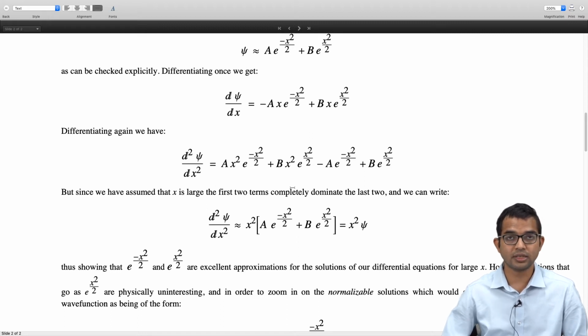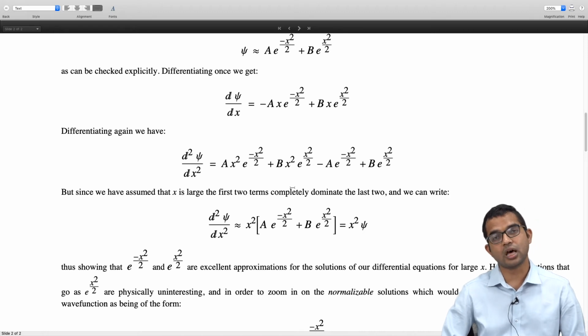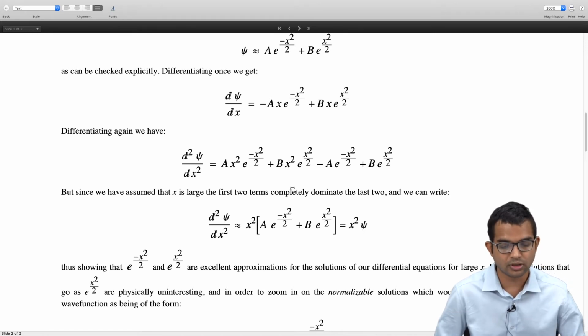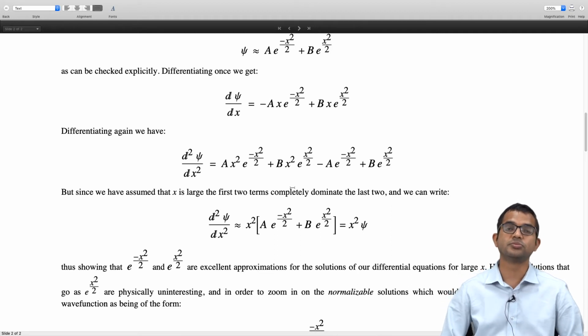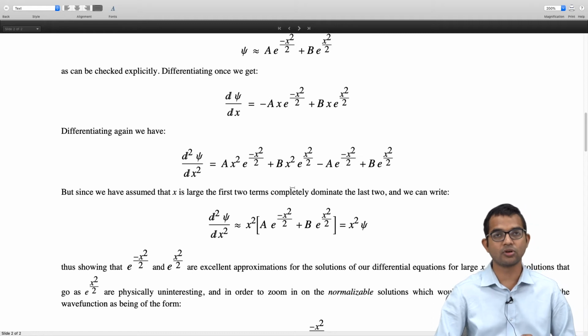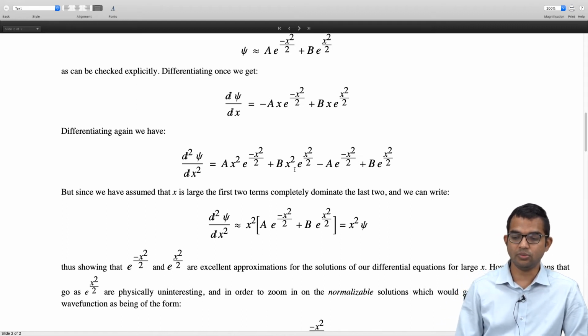Since we are interested in wave functions, eigenfunctions for the harmonic oscillator problem, for it to have physical meaning, we know from quantum mechanics that these eigenfunctions must be normalizable. So this requirement for normalization means that we are not interested in solutions which grow as e to the x squared by 2, but rather in solutions which have e to the minus x squared by 2, right?